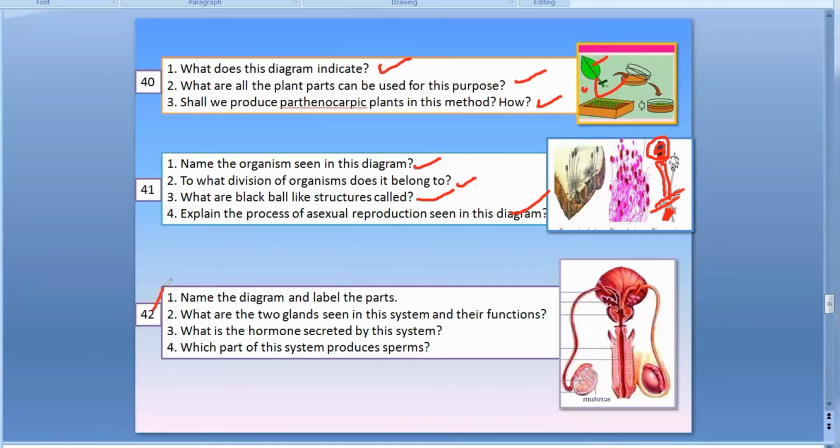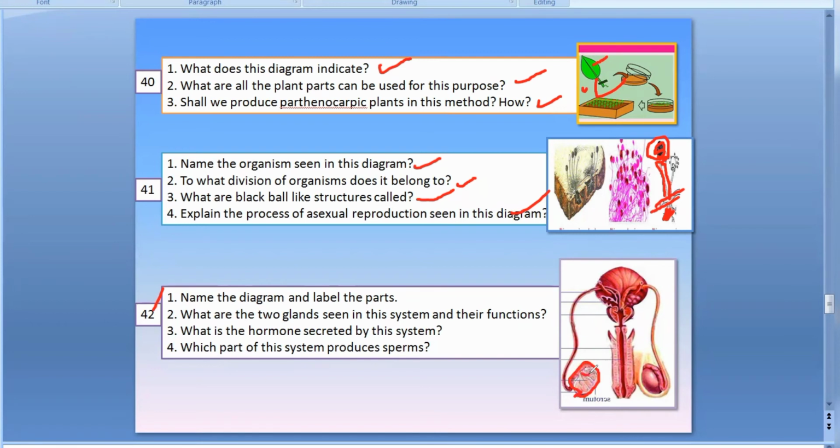And next, 42. Name the diagram and label the parts. So it is the human reproductive system. When you label the parts, these are the testes.